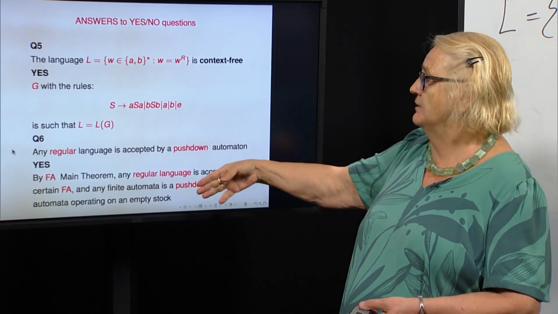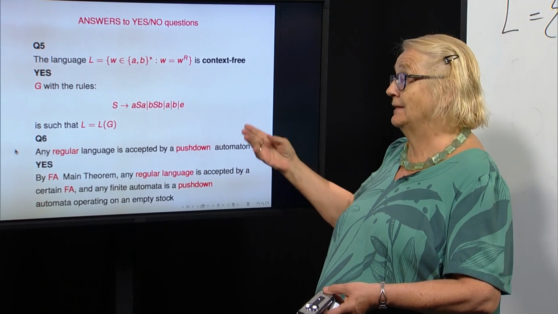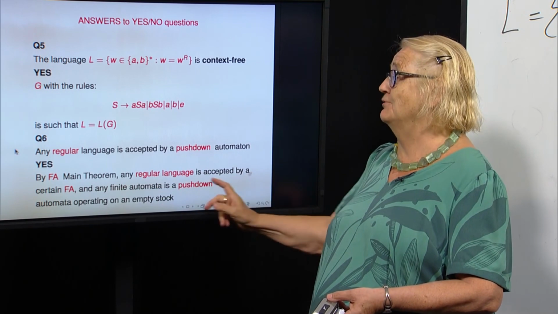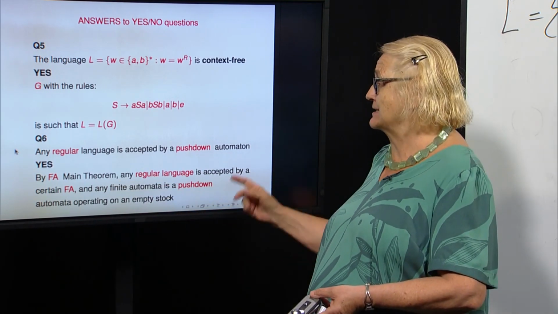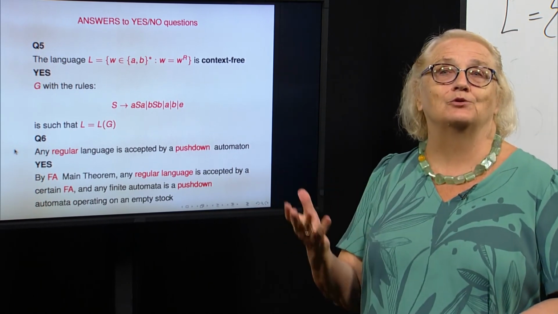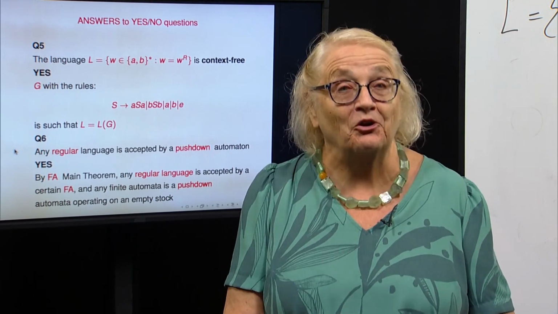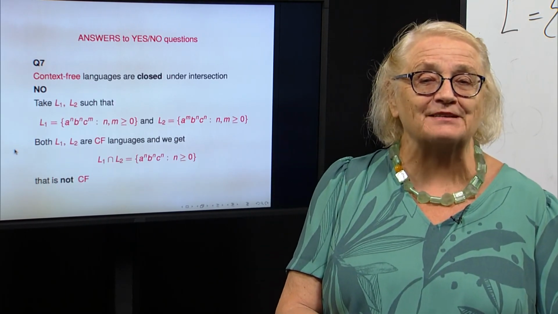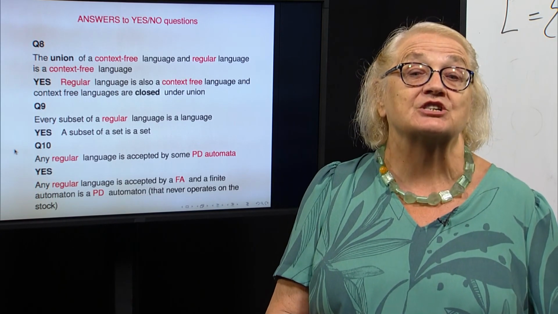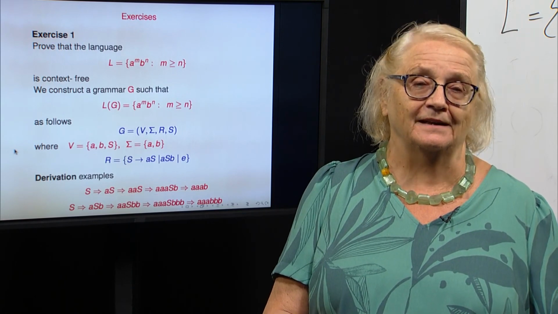And is a regular language accepted by a pushdown automaton? Yes, by the main theorem: a regular language is accepted by a finite automaton, and any finite automaton is a pushdown automaton which operates on an empty stack, which we already covered. This is always review. So you have a lot of review questions and more.